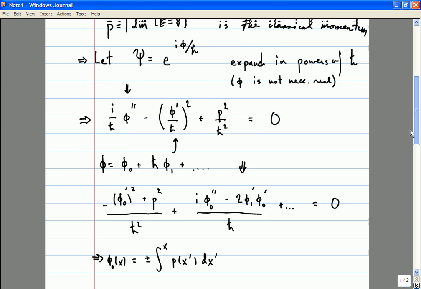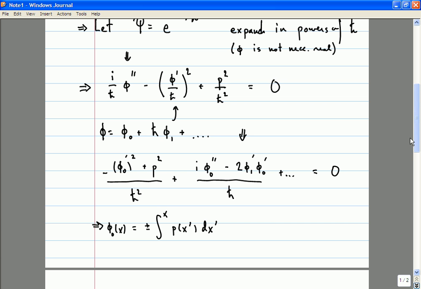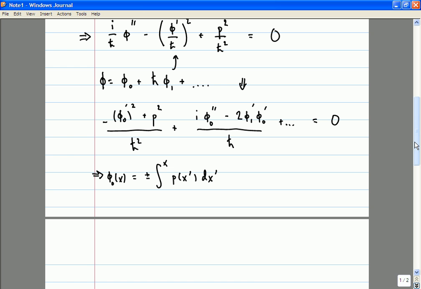And then phi 1 is determined by solving the equation that i phi naught double prime minus 2 phi 1 prime phi naught prime is equal to 0, or rewritten slightly, phi naught double prime over phi naught prime is equal to minus 2i times phi 1 prime.